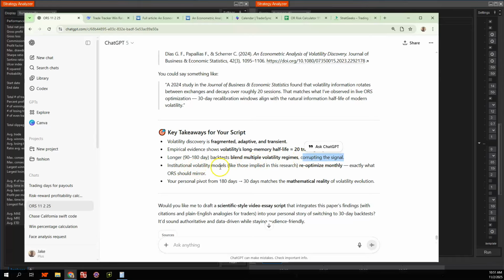Institutional volatility models, like those implied in this research, re-optimize monthly. Why wouldn't I want to do that too? Exactly what ORS should mirror. My personal pivot from 180 days to 30 days matches the mathematical reality of volatility evolution. Like, I'm ready to let go. 30 days. I've just been noticing it.